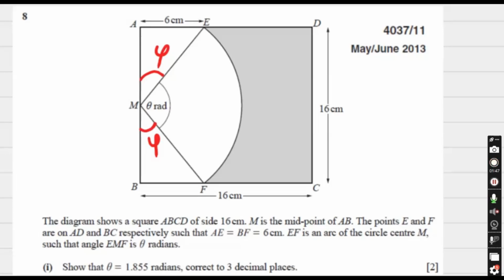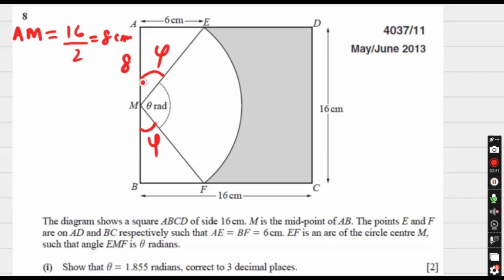Because M is the midpoint, AM is equal to 16 over 2, which is 8 centimeters. Therefore AM is 8. Now in a square all angles are equal and 90 degrees.